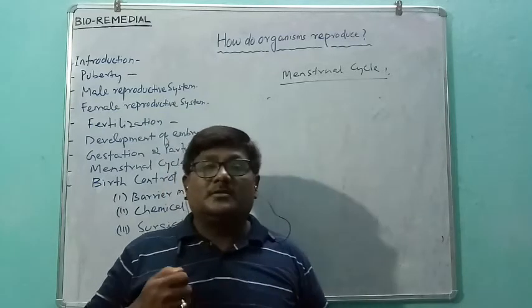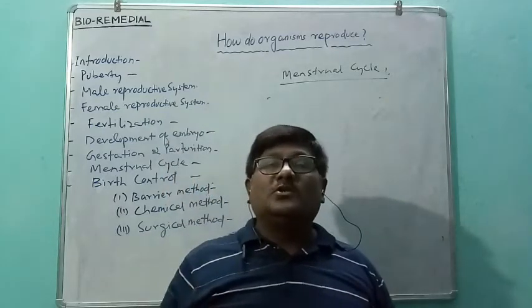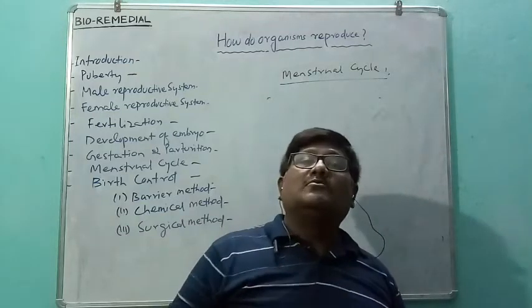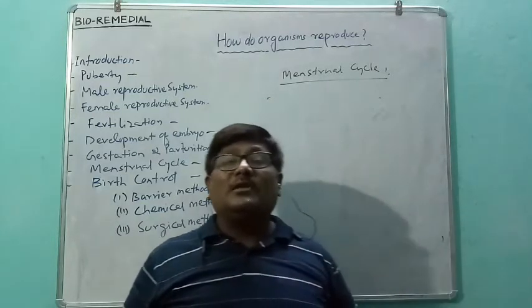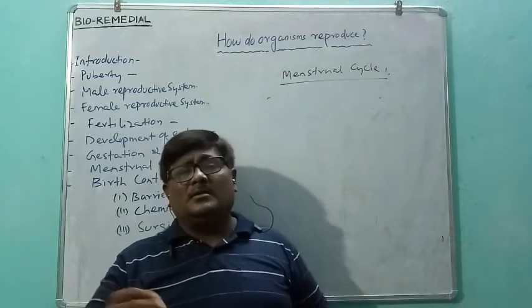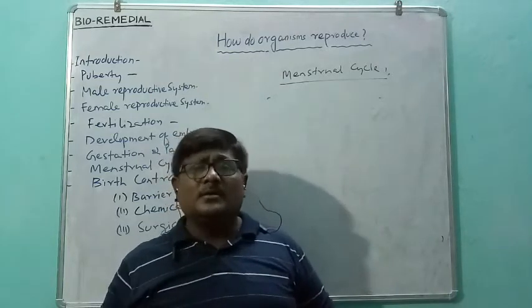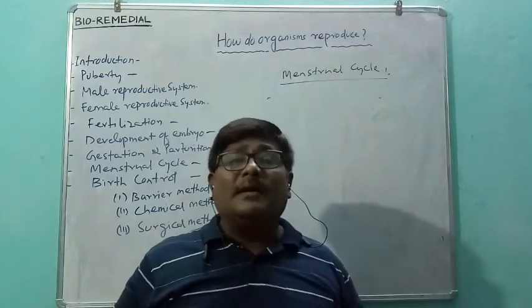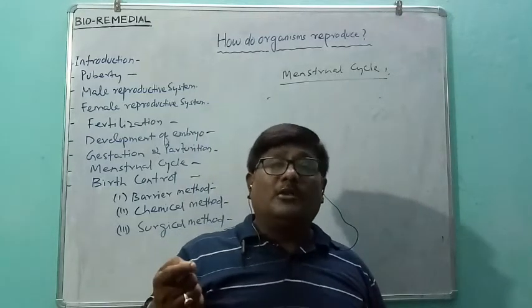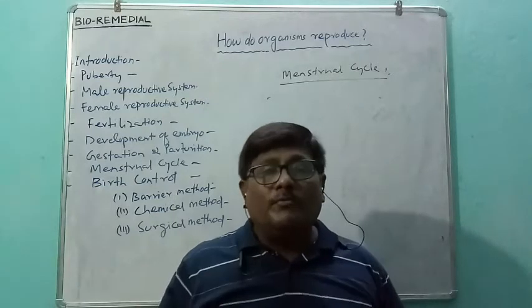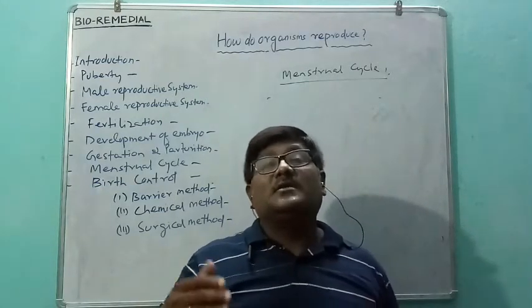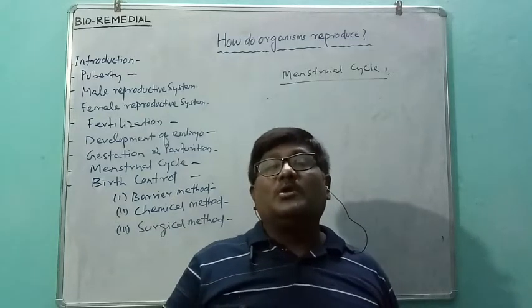But unfortunately, there is no sperm or male gamete entered into the female body. So what will happen? The egg will die within a day or two. It will be damaged, and when there is no egg, there will be no fertilization. So this preparation of the uterus is no longer useful.